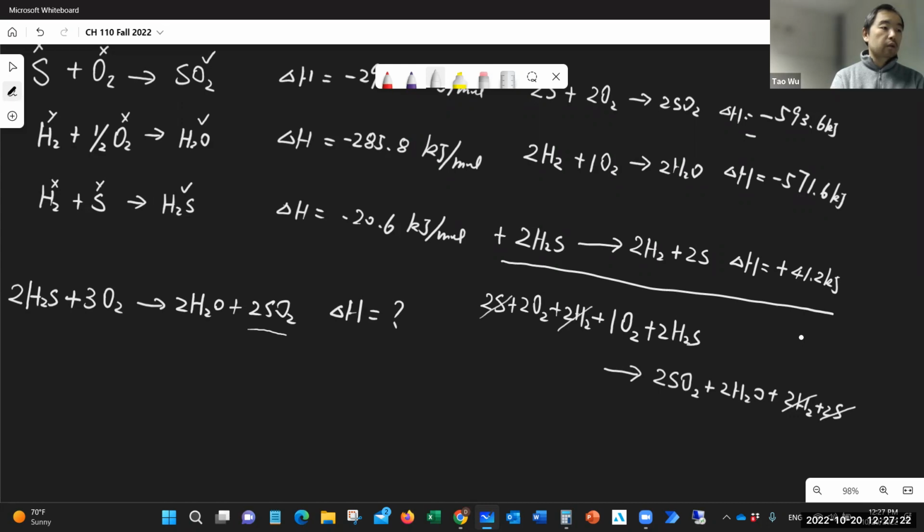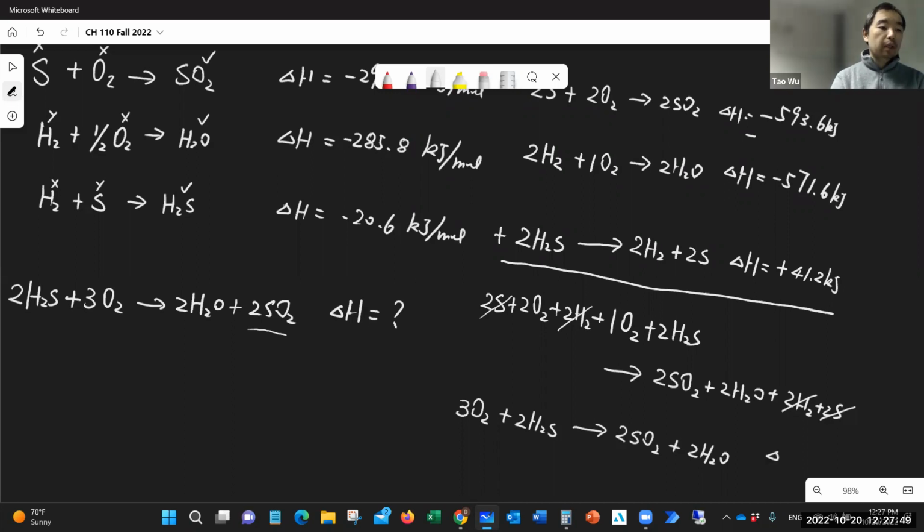Then your 2 oxygen plus 1 oxygen, you got 3 oxygen, plus 2 H2S. Then they are going to form 2 SO2 plus 2 water. Well, this one is exactly the same as the target equation, right?